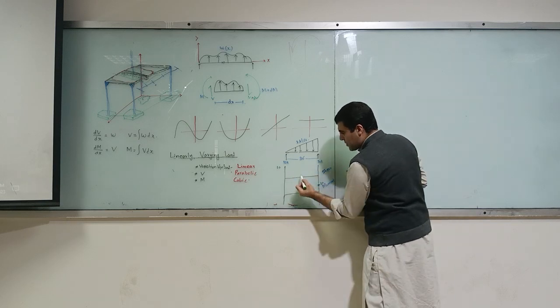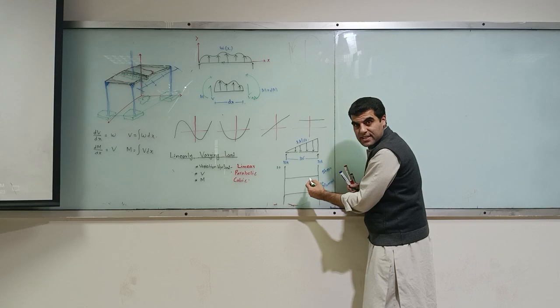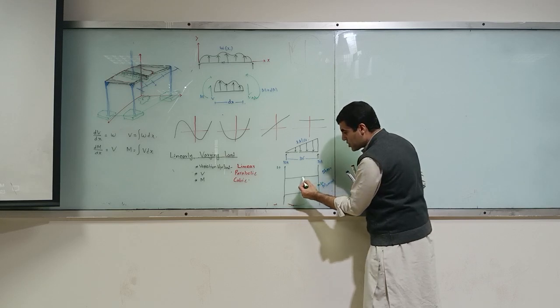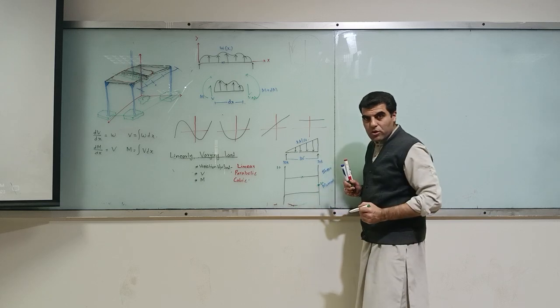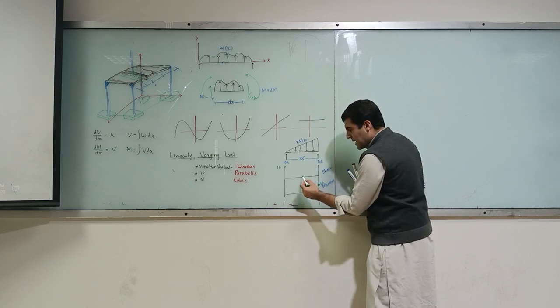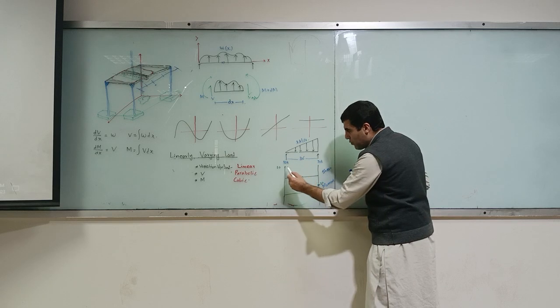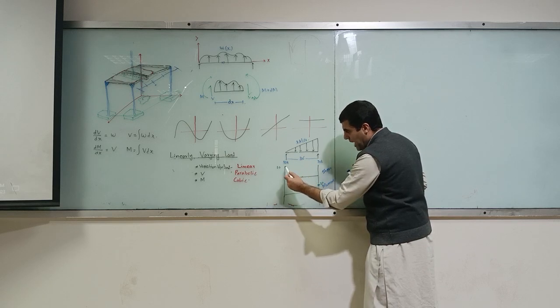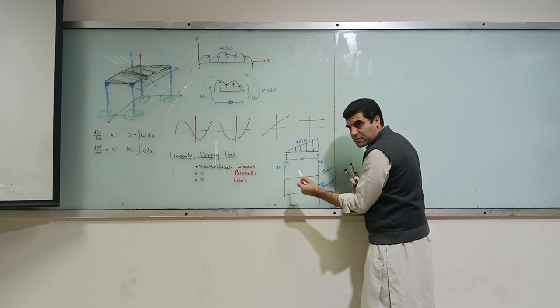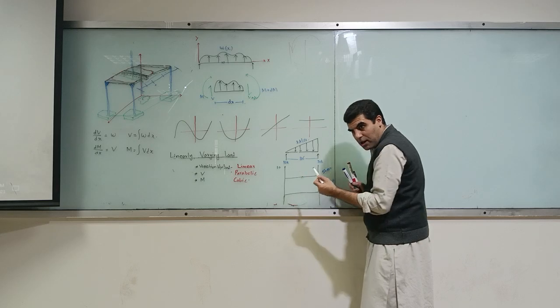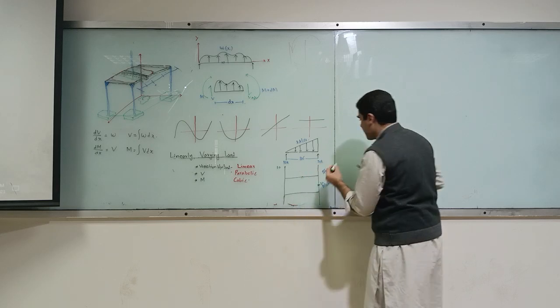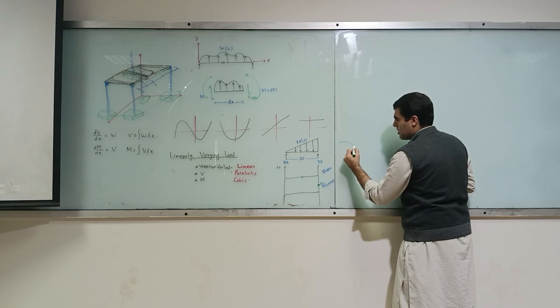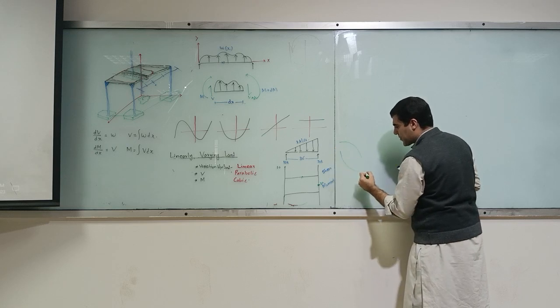It has to come down to 0 over here somewhere. So, if this is coming to 0, how would I join it by a curve? Parabolic, but parabolic we can have either this or this.